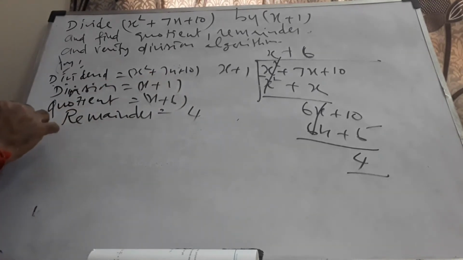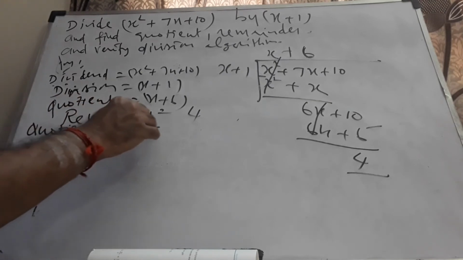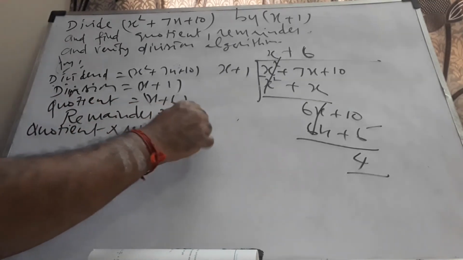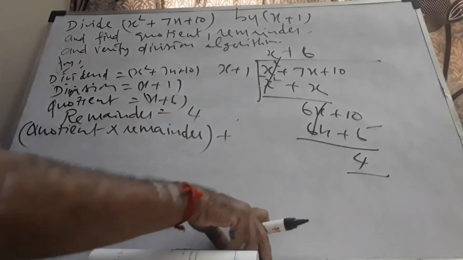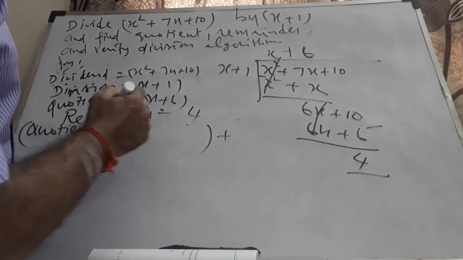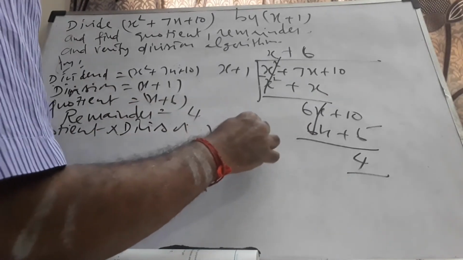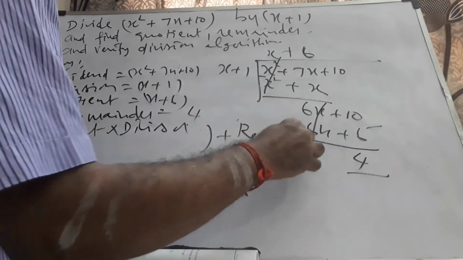Now let me check quotient into divisor plus remainder. Sorry, I wrote something wrong over there.